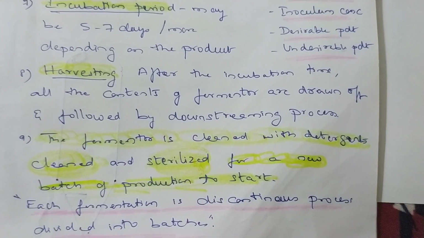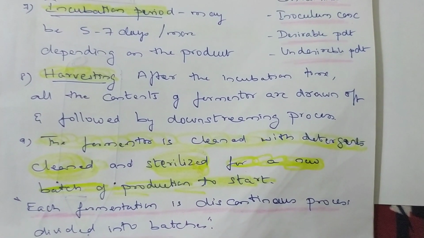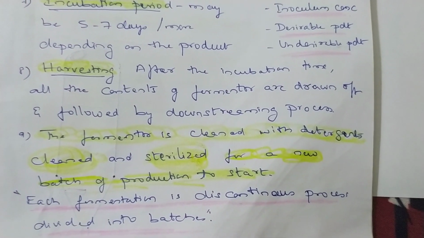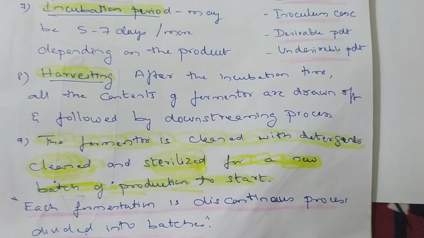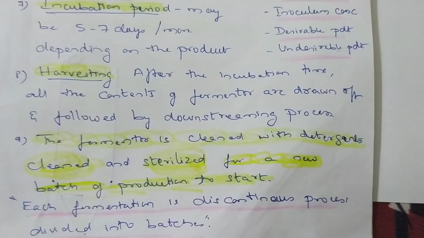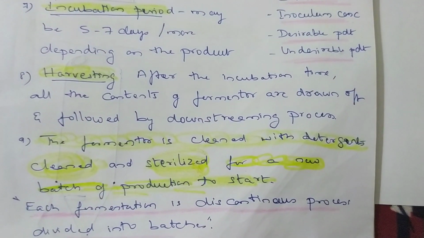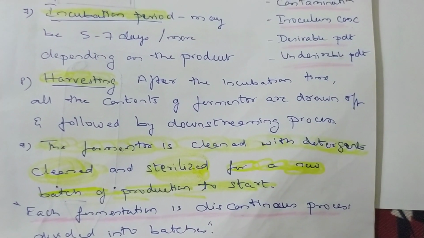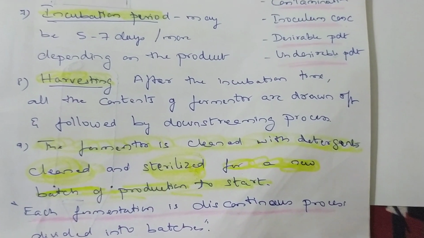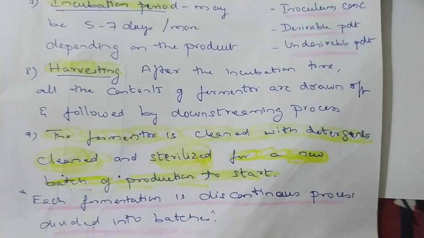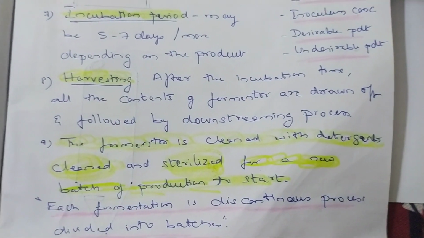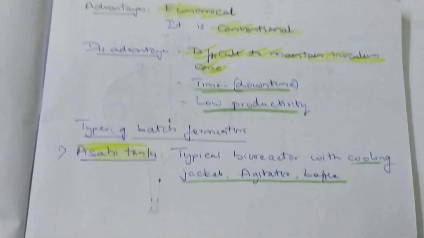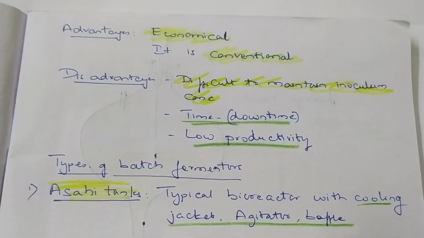All the fermentation industries earlier were of batch type only because there were no innovations like continuous. So keep in mind that the batch fermentation process is a very, very basic, very, very traditional type of system. I will be talking about the various types shortly. What are the advantages of the batch?